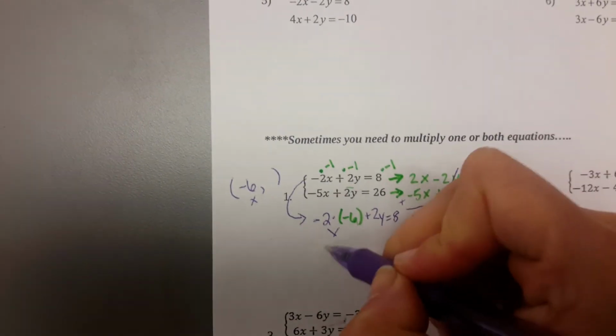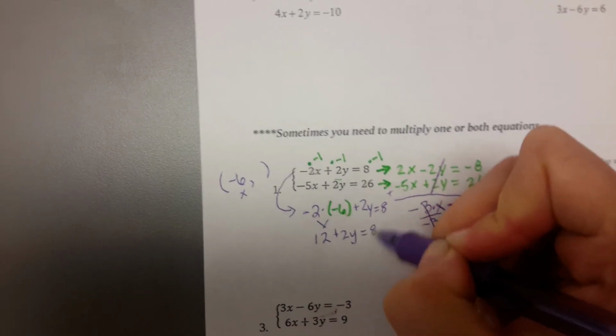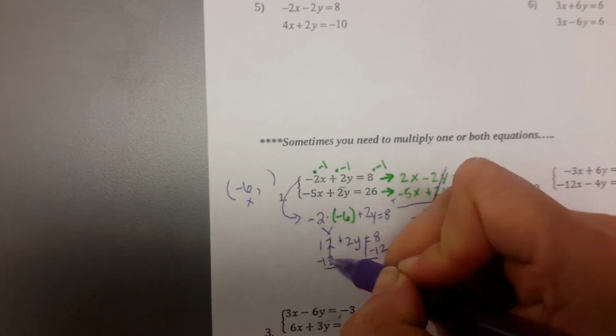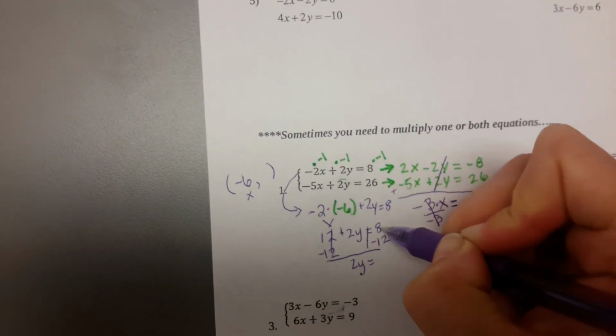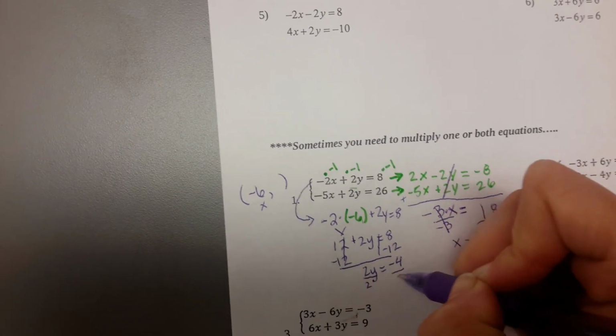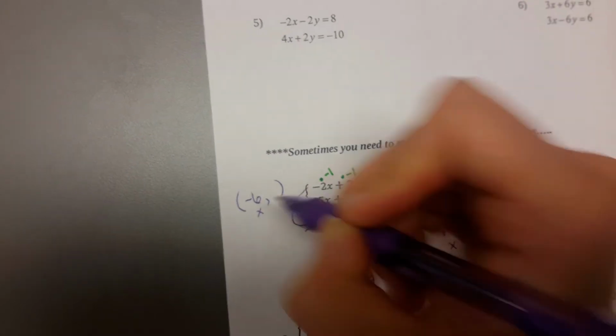Negative 2 times negative 6 is 12. Plus 2y equals 8. Drop it down. Now just do inverse operations or story to solve. 8 minus 12 is negative 4. Divide by 2. I get y equals negative 2.